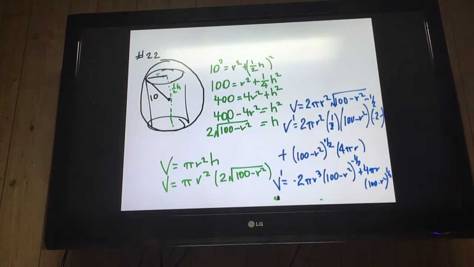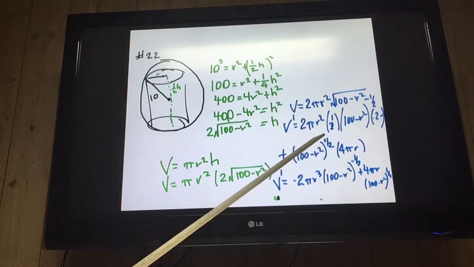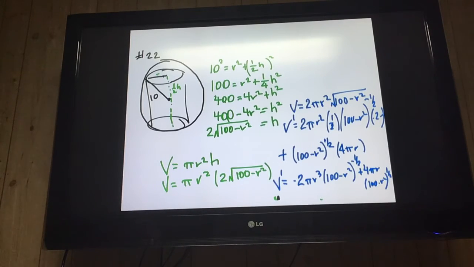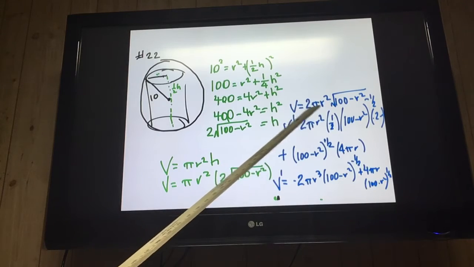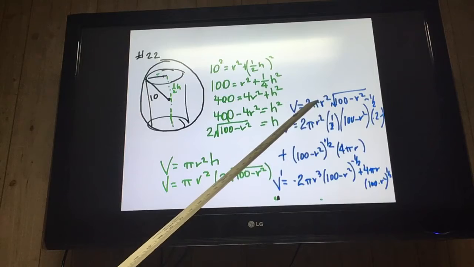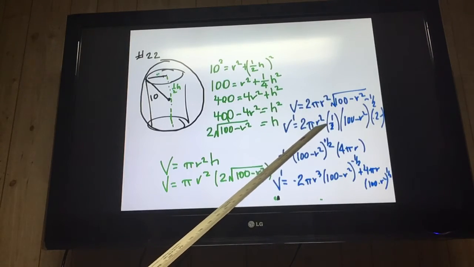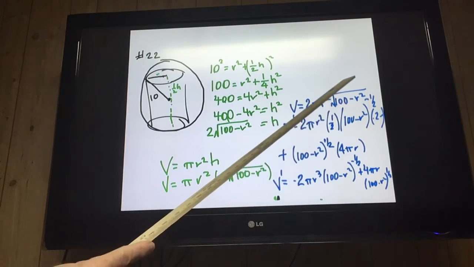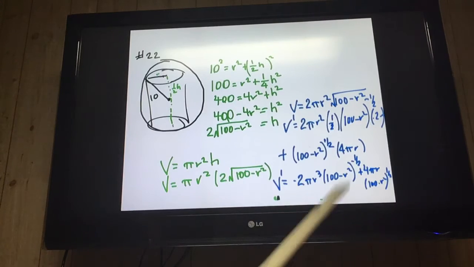All right, so now I have to use the product rule to take the derivative. I know I'm kind of scrunched up here, but I'm going to try to get you to be able to see what we did. Here's your first, here's your second, (100 minus r squared) to the 1/2. So first, 2 pi r squared times the derivative of (100 minus r squared) to the 1/2.